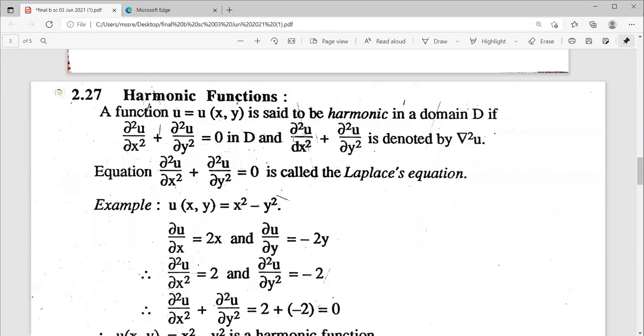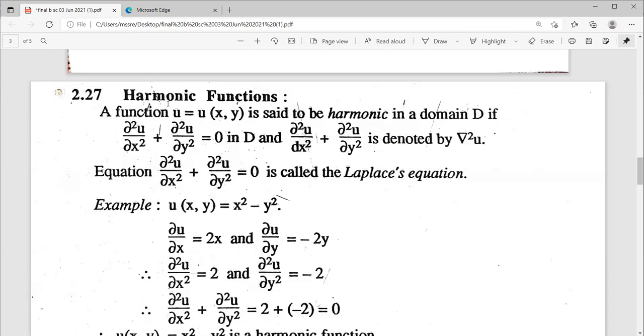So what is del square? Del square is nothing but delta square by delta x square plus delta square by delta y square. When operated on u, we will get delta square u by delta x square plus delta square u by delta y square. This equation, delta square u by delta x square plus delta square u by delta y square equals 0, is called the Laplace equation.